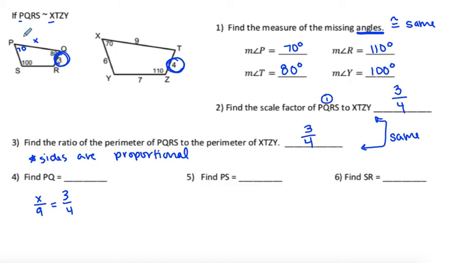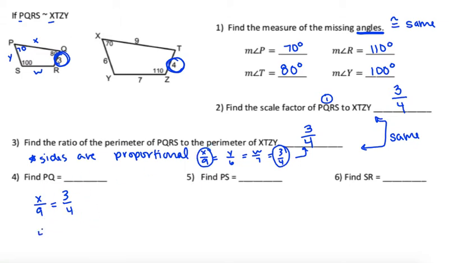Okay, so if I put an x here, a y here, and a w here for my unknowns, x goes with 9, y goes with 6, and w goes with 7. All the same way that 3 goes with 4. That's my scale factor. So now I'm just using 2 of these pieces with one unknown to find that missing value.